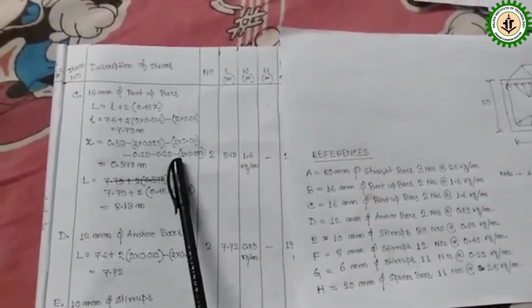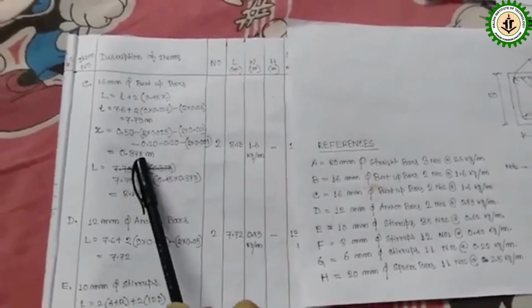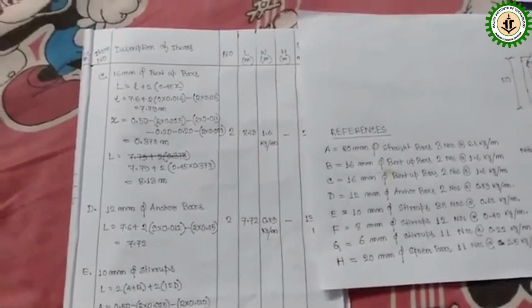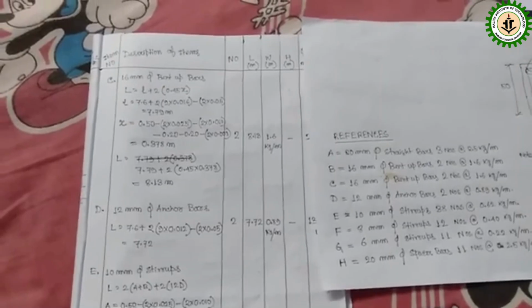Okay, so last, that is the 8 millimeter from top and 8 millimeter from down, that is for center to center distance. So our x is coming 0.378 meter.